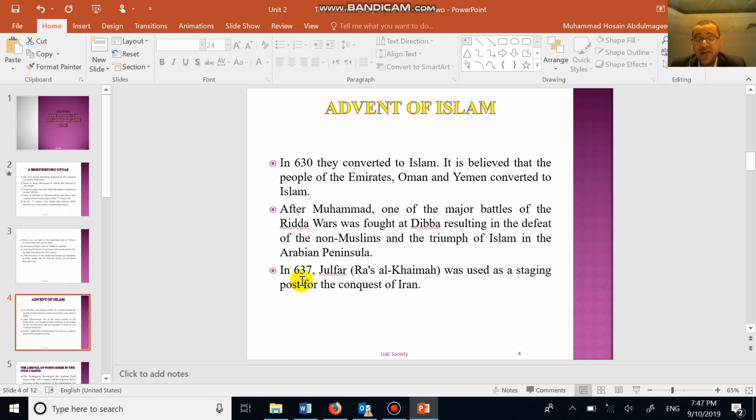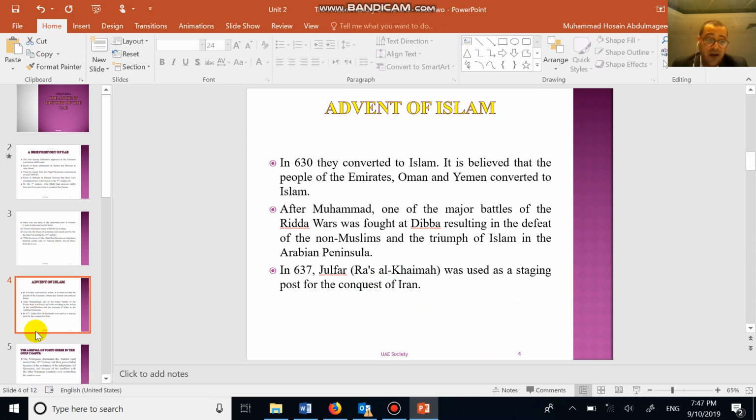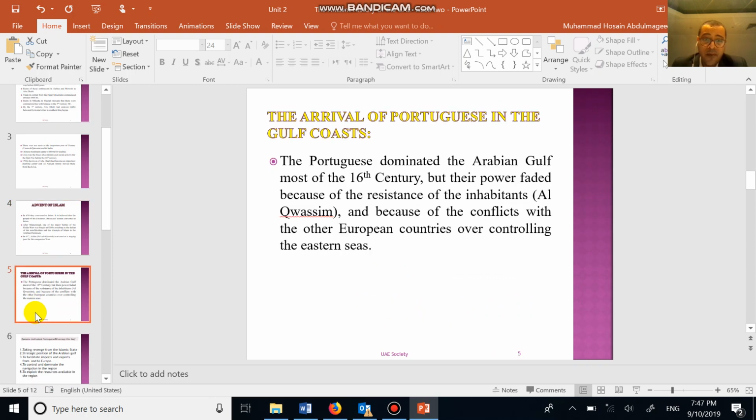In 637, Julfar, which is the old name of Ras Al Khaimah, was used as a staging post for the conquest of Iran.